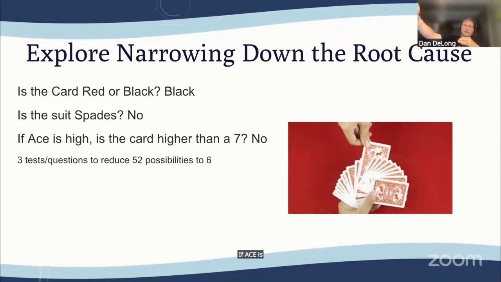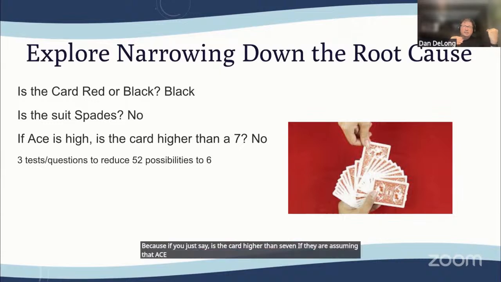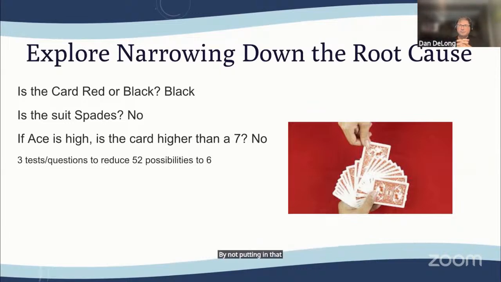I had to put that in as a qualifier, because if you just say is the card higher than 7, and they are assuming ace is low, ace is a 1, the ace could be the answer, but you've let it out of the box by not putting in that specific qualifier.